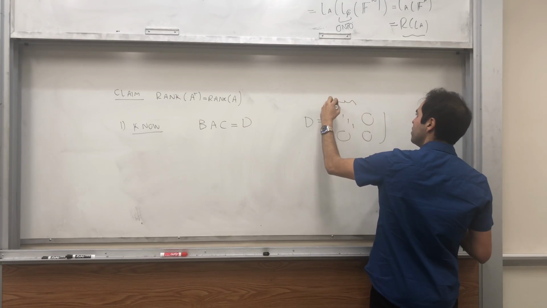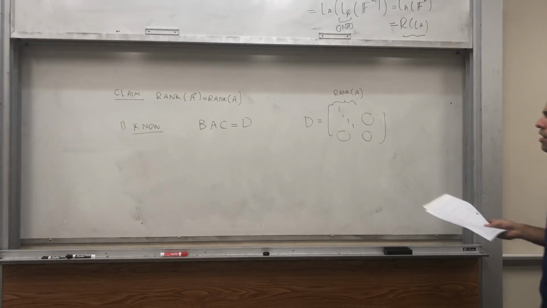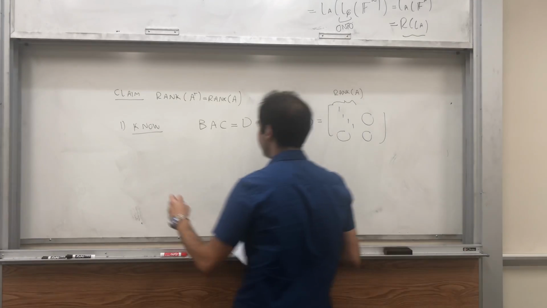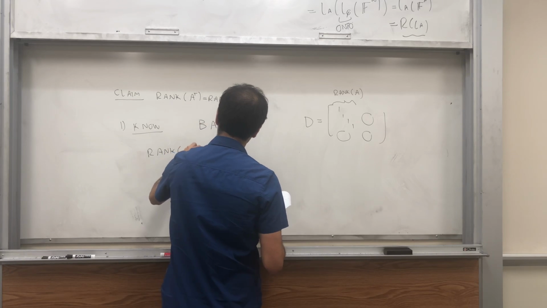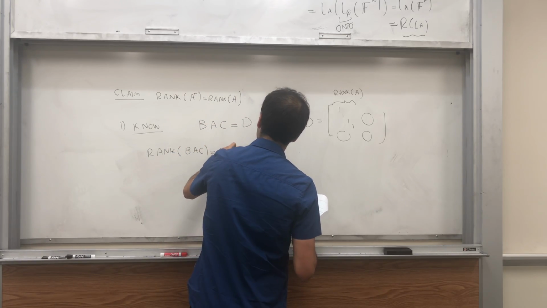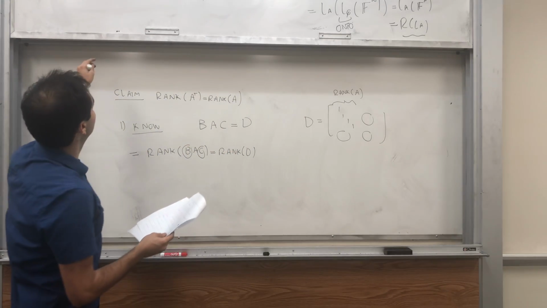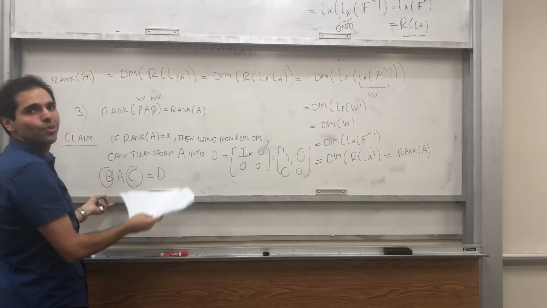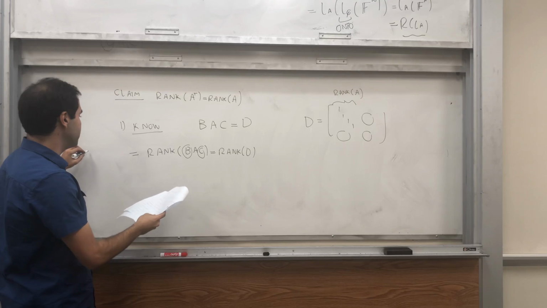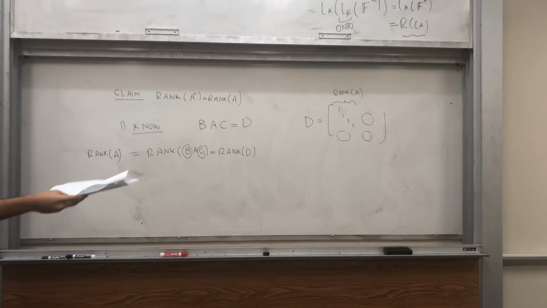And the number of ones is just the rank of A. Well, in particular, take the rank of this. Then the rank of BAC equals the rank of D. But B and C are invertible. So by using the third part here, rank of PAQ equals rank of A, we get that this equals the rank of A. So indeed, the rank of D equals the rank of A.